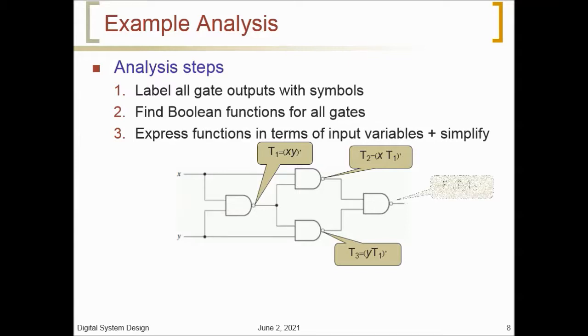And for the last NAND gate, we label the output as F, which is produced by multiplying both second stage NAND gates, that are T2 and T3.